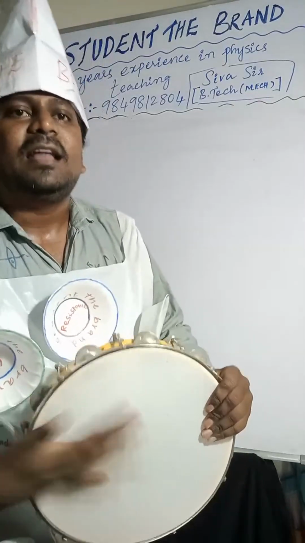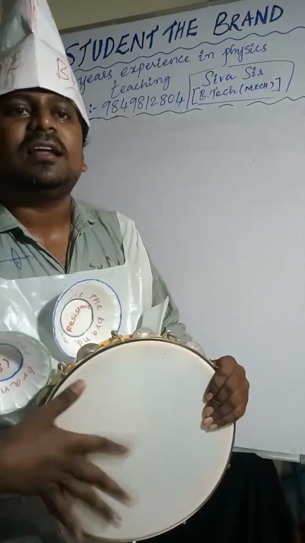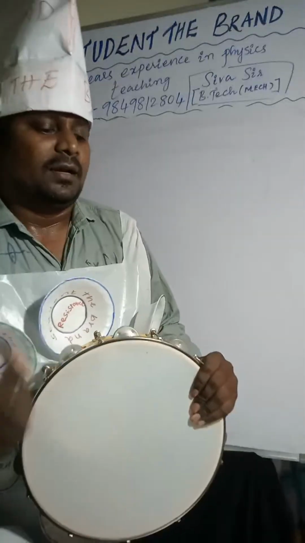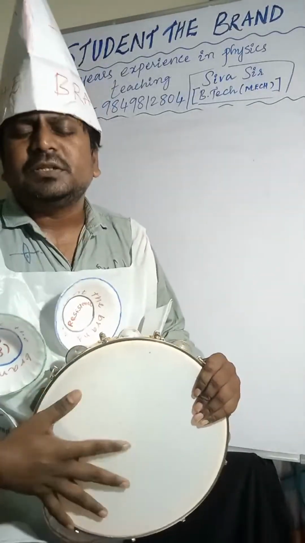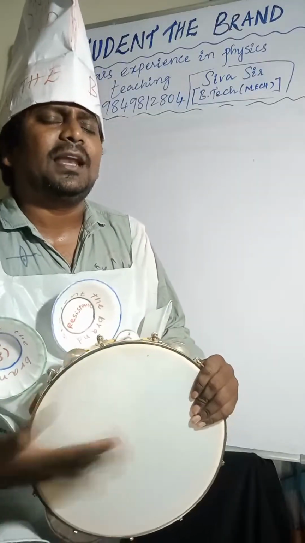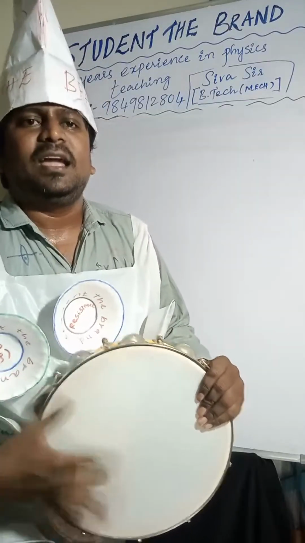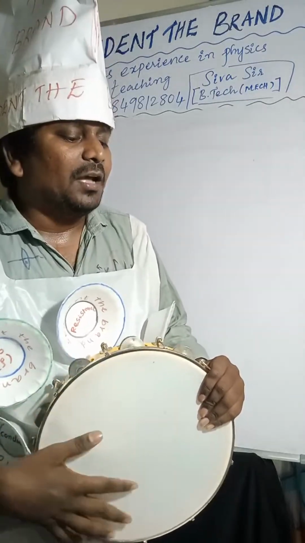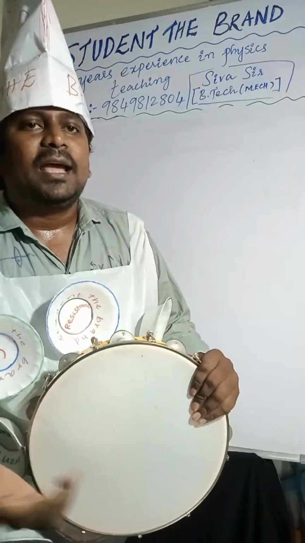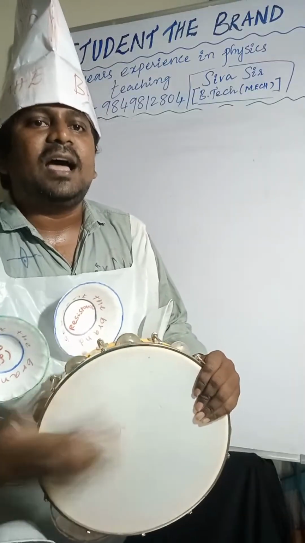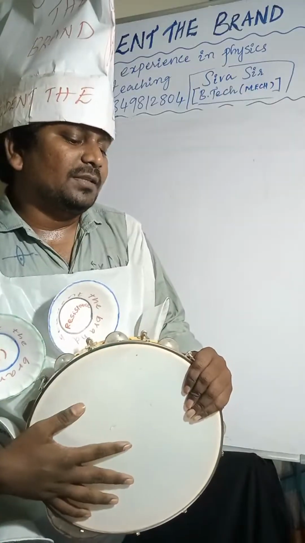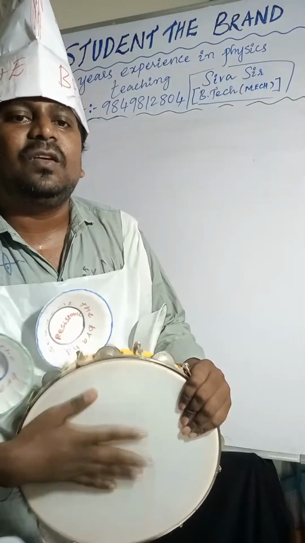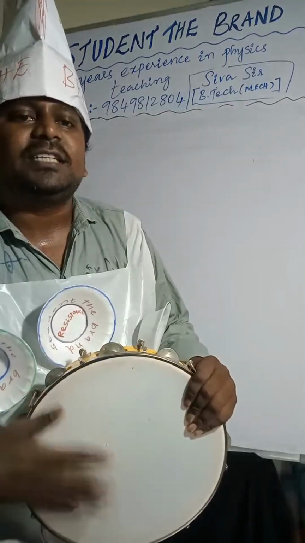New Cartesian sign convention. All distance are measured from the pole. Distance are positive above the principal axis. Distance are negative below the principal axis. Distance are positive along the instant trace. Distance are negative below the principal axis. New Cartesian sign convention. New Cartesian sign convention.